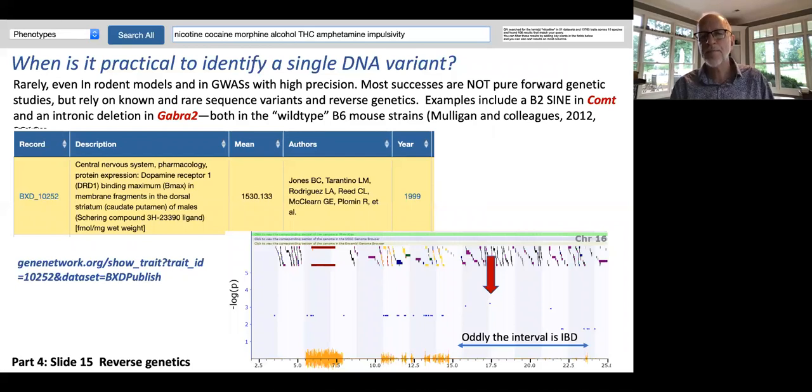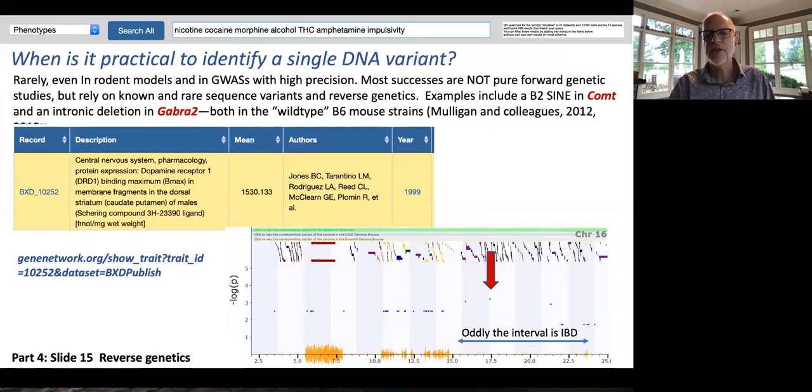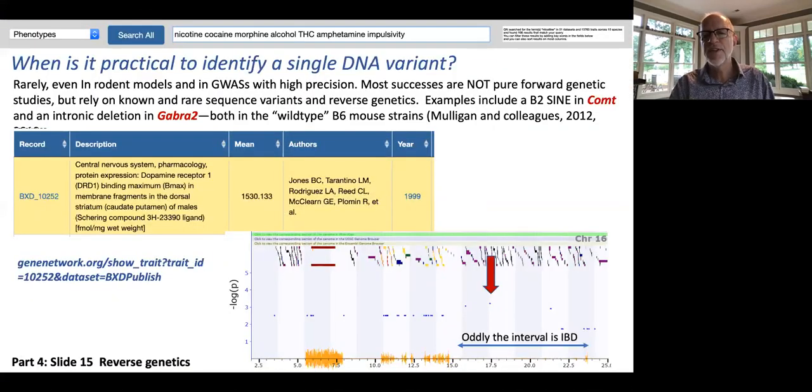It maps into this region of chromosome 16, a region that's identical by descent. It's a fairly large region, from 15 to almost 25 megabases, but I can tell you with considerable assurance that we know what that variant is. This is an extreme serendipity situation.